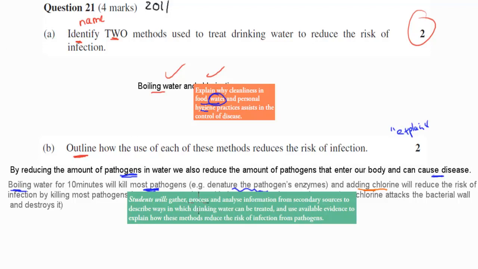But this dot point is more in terms of where it came from: gather information from secondary sources to describe ways in which drinking water can be treated, and those two ways were boiling water and chlorination. But then it says explain how these methods can reduce the risk of infection from pathogens. And this was just the idea that by reducing the amount of pathogens in water, we would also reduce the amount of those pathogens entering our body, and thereby less disease is caused. That's just that last statement. But overall, that's where those questions came from. I hope that was useful.